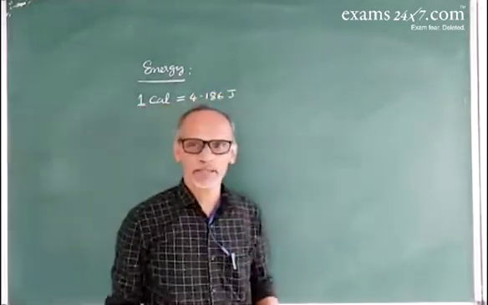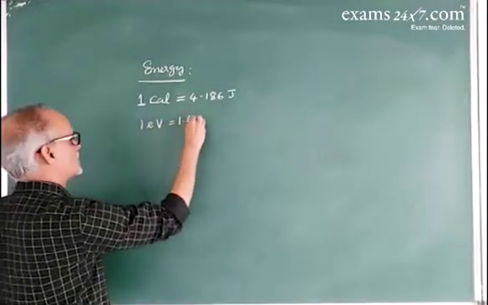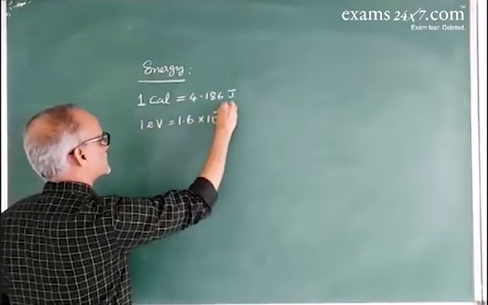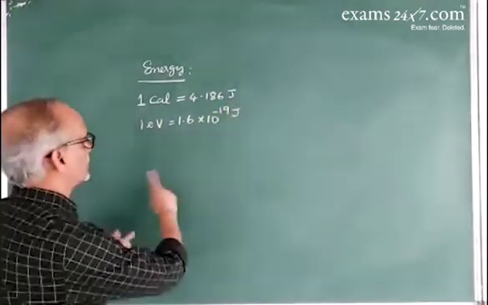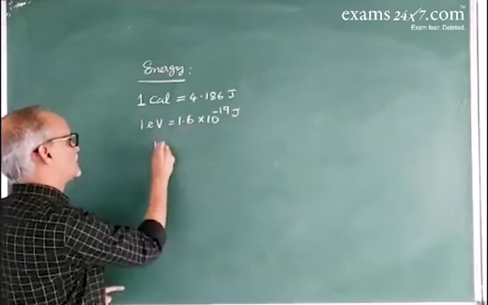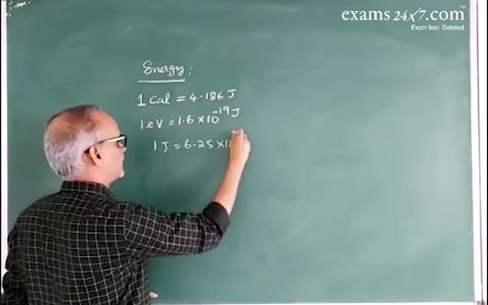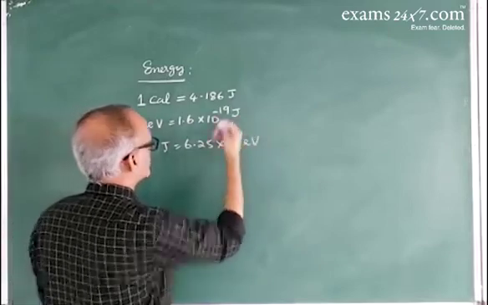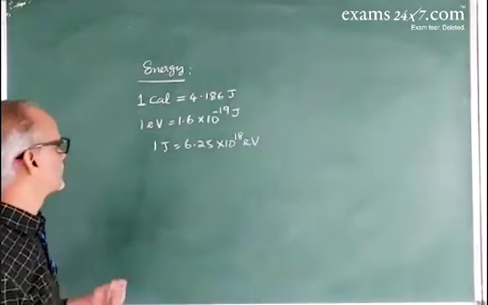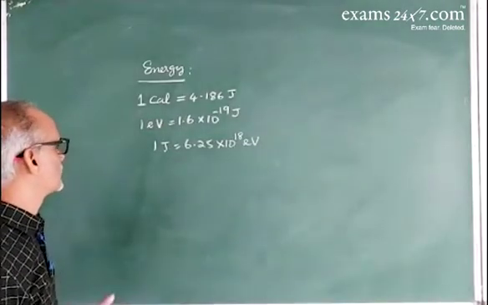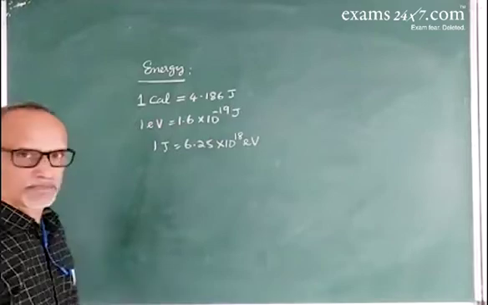The energy of an elementary particle is measured in terms of the electron volt. So 1 electron volt is equal to 1.6 into 10 to the power minus 19 joule. Or if you want to do the reverse conversion, 1 joule is equal to 6.25 into 10 to the power 18 electron volts. So these conversions are very important, especially in the chapter nuclear physics, or in radioactivity, or in the chapter atoms.